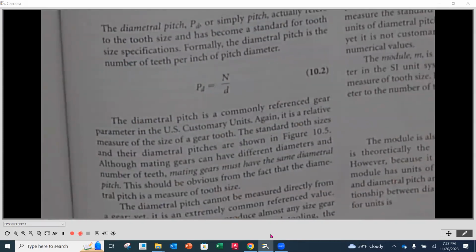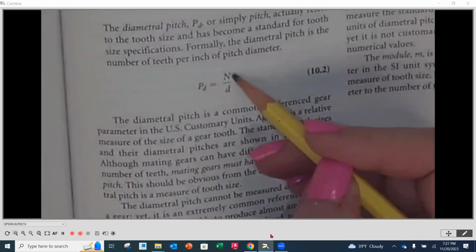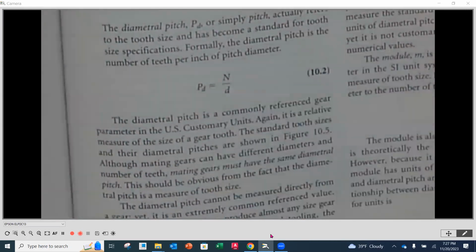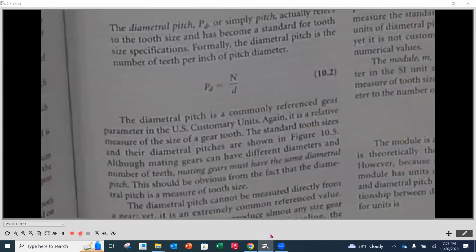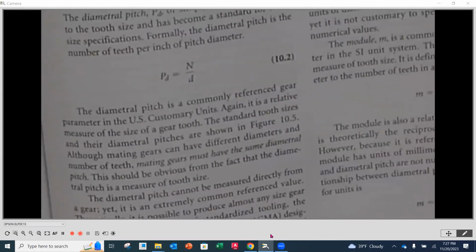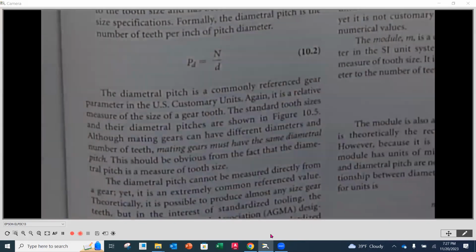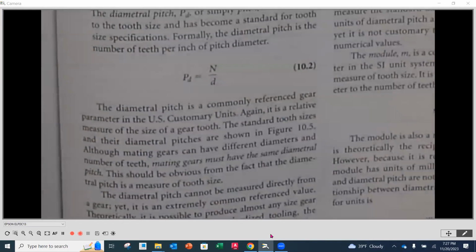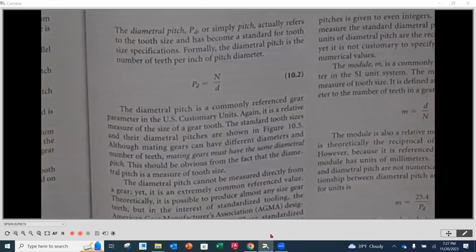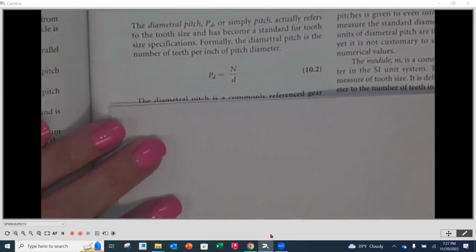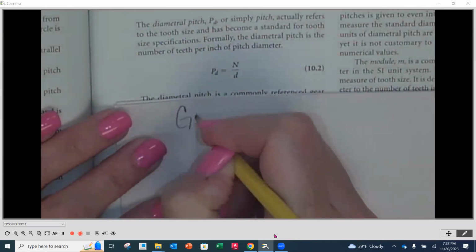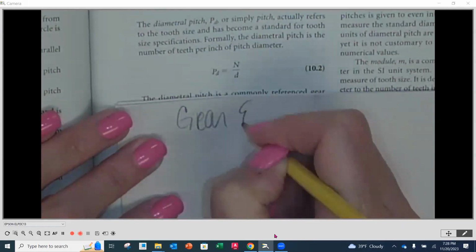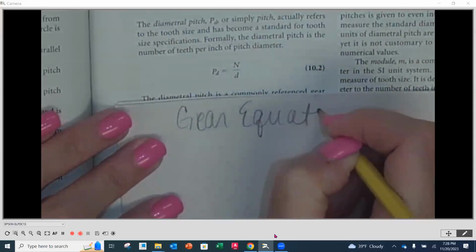Diametral pitch is equal to the number of teeth divided by the pitch diameter. As we've been doing for a lot of these units, we've been organizing our equations on equation sheets. There aren't a ton of gear equations, but there are a couple we're going to want to make sure we know and have in mind. This is one we're going to want to write down, so I'm going to start a gear equation sheet here.